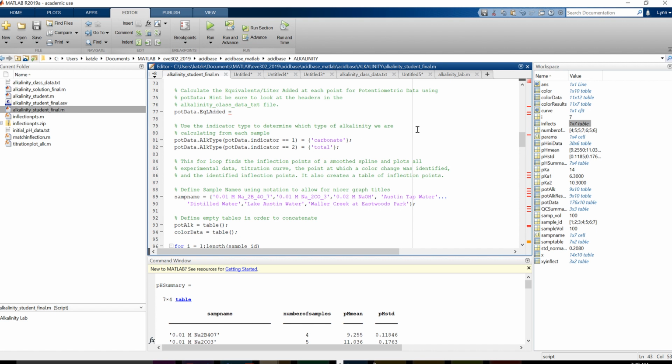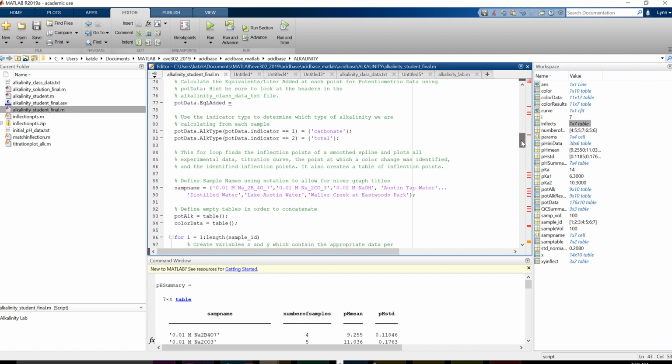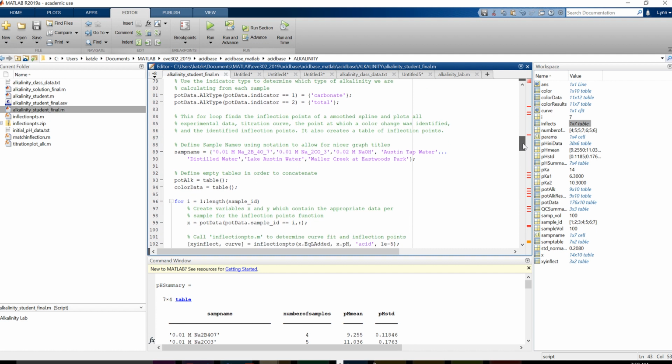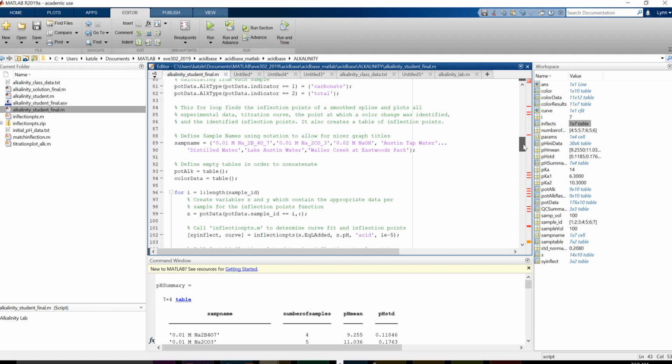And the total alkalinity is the inflection point that is around pH 4.3. Okay? So our summary tables will indicate whether we're looking at carbonate or total alkalinity based on that pH and the indicator.